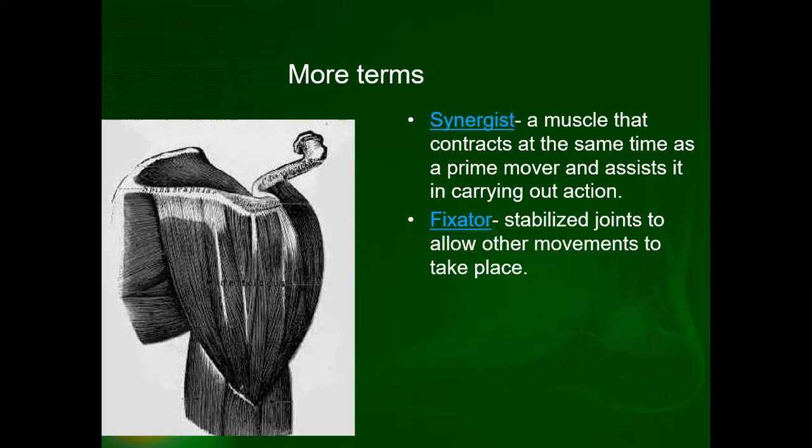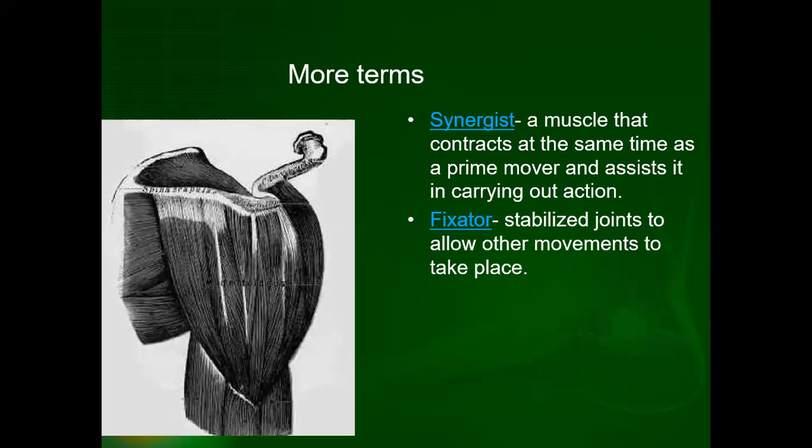And so a synergist is a muscle that is going to contract at the same time as our prime mover, helping to enhance the movement. A fixator is just that. It's going to fixate things and helps to stabilize the joint. So here, this is just vocab, guys. This is just terminology, just definitions. That's all I'm interested in with these terms.